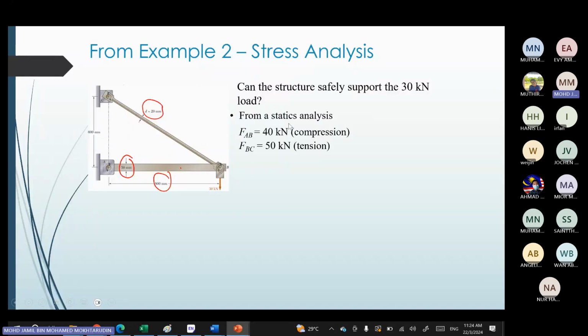From the static analysis from last week, we determined that FAB is 40 kilonewton compressive, and FBC is extension, so it's the other way around.